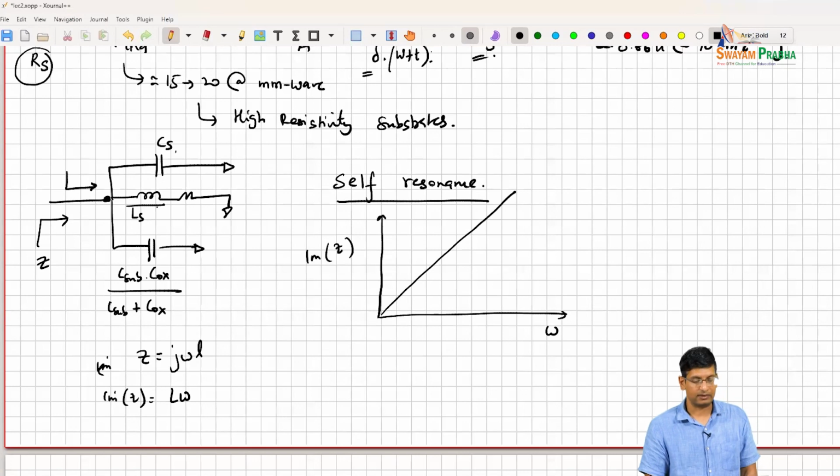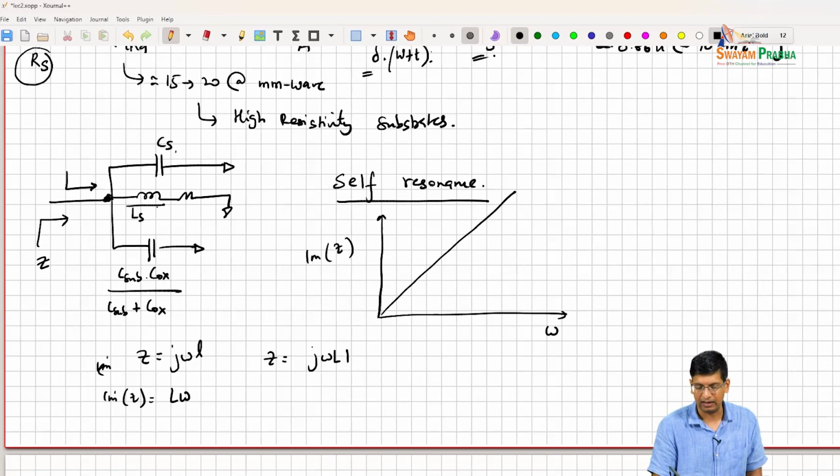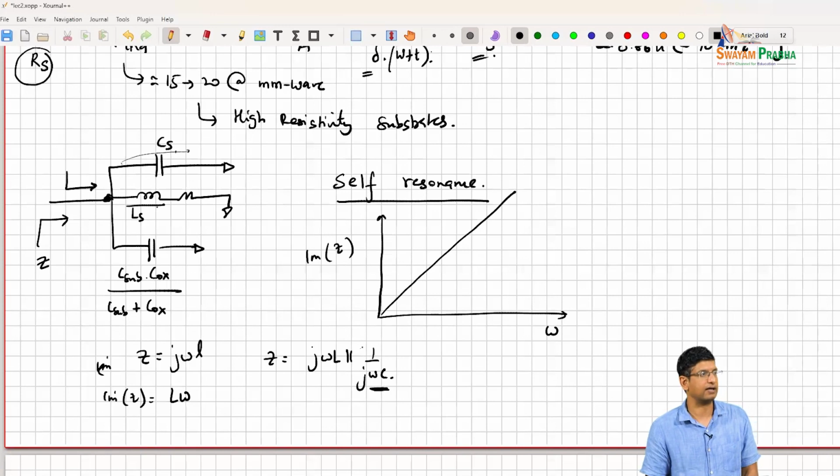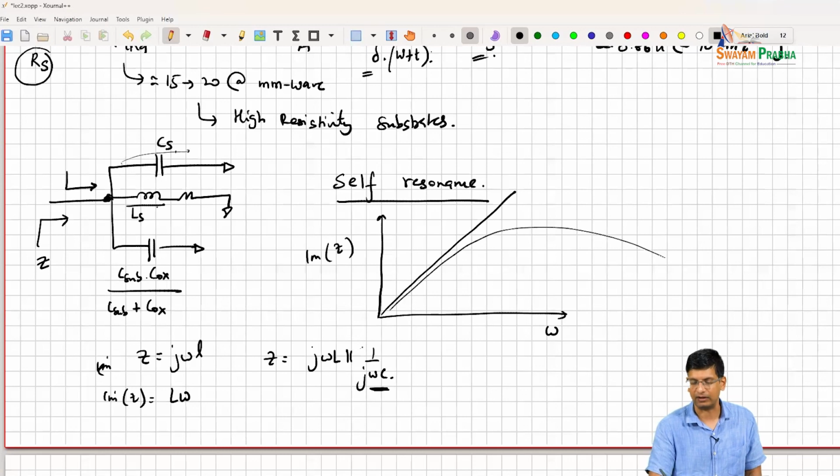But now I'm basically seeing j omega L in parallel with some 1 over j omega C. So at really high frequencies, if it is dominated by this, I'm effectively seeing a short. So I might see something that looks like so.